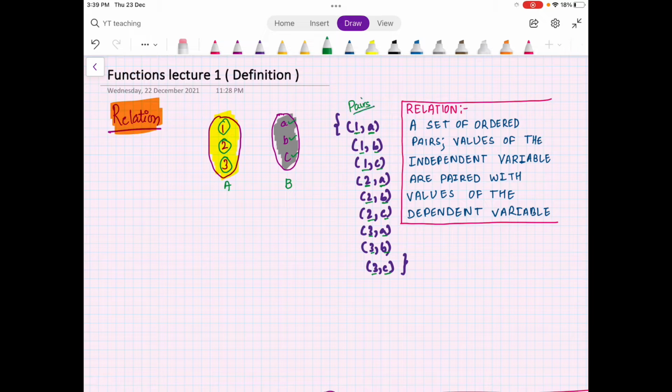Pairs means the first element tells us the element from set A which is related to the second element from set B. So this is the set of all possible pairs.